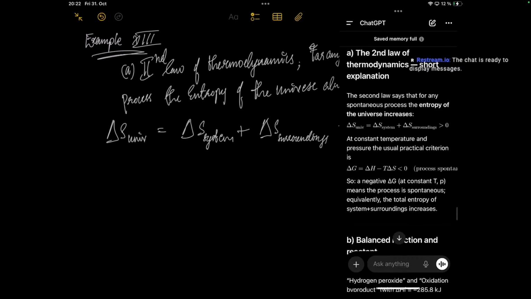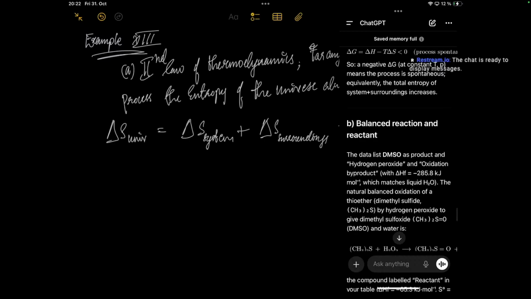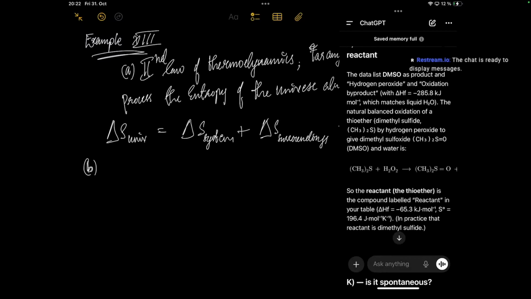What's part B? Balance the reaction equation. Okay. So balance the equation: CH3 twice, CH3 twice, H double bond O, H2O2, H2.